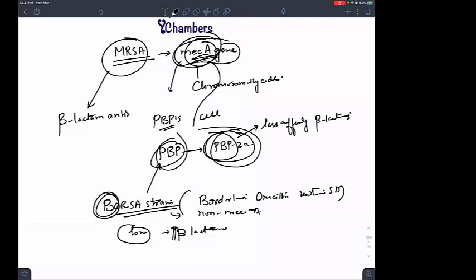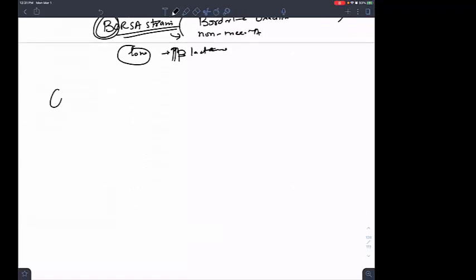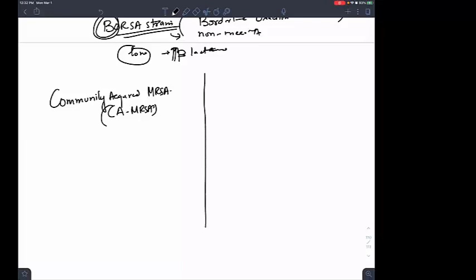So what is the difference? There are two strains. One is community acquired MRSA, known as CA-MRSA, and we should know the difference between the two. Another one is hospital acquired MRSA, that is HA-MRSA.